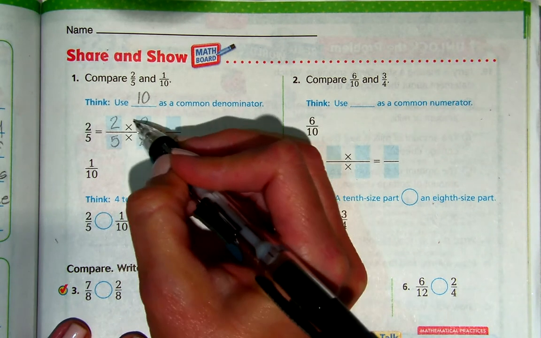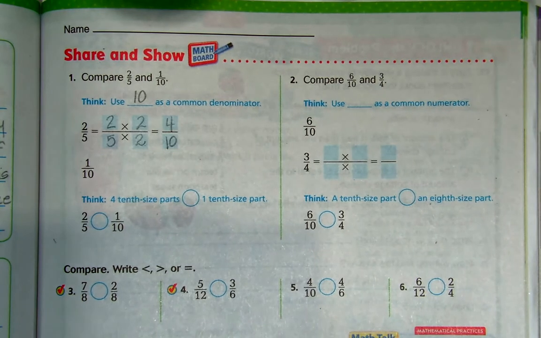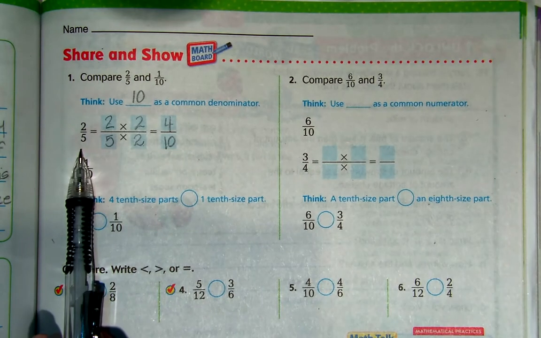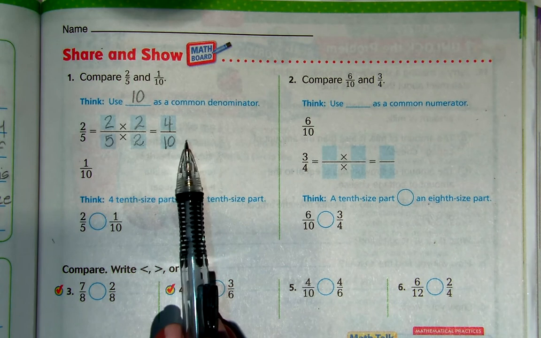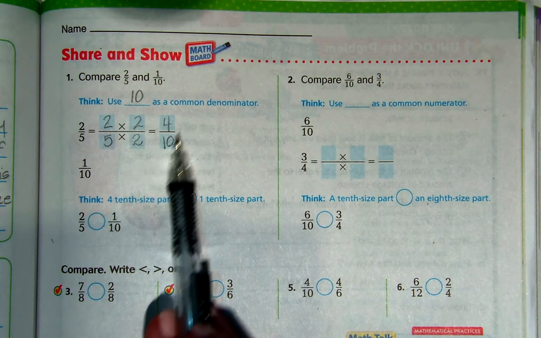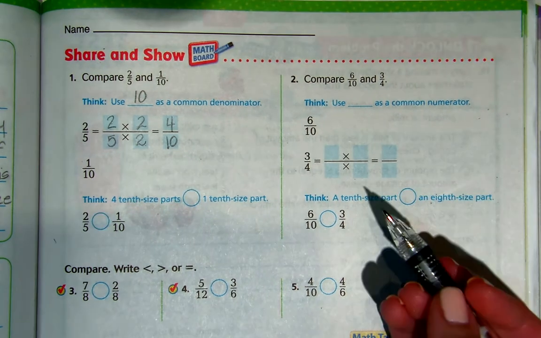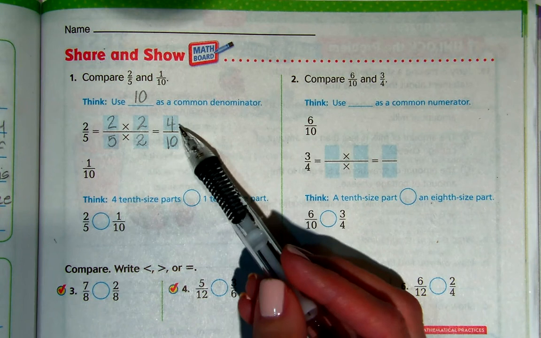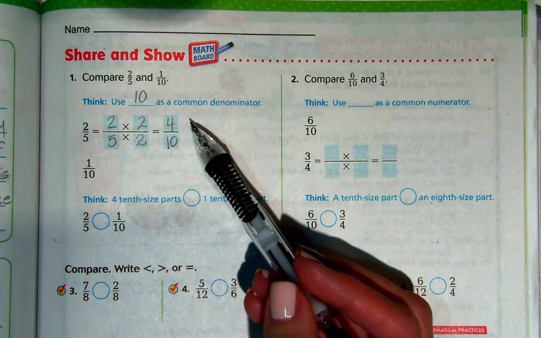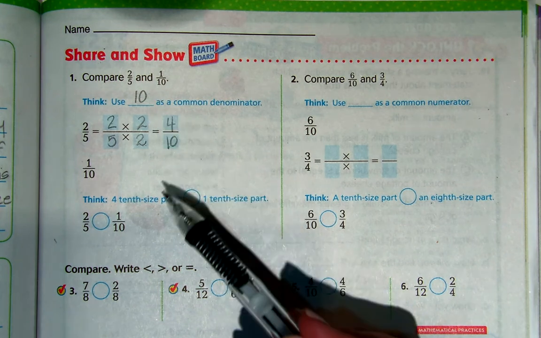So 2 times 2 is 4. And so now I have equivalent fractions. 2/5 is exactly the same as 4/10. Okay, those are equivalent. And now I have 4/10 and 1/10 that I'm comparing. I can already see that 4/10 is greater than 1/10, and so 2/5 would be greater than 1/10.